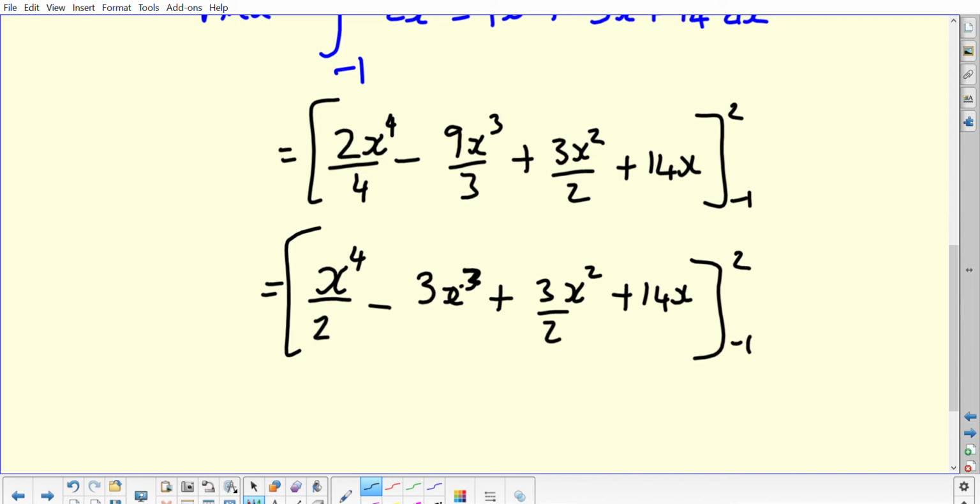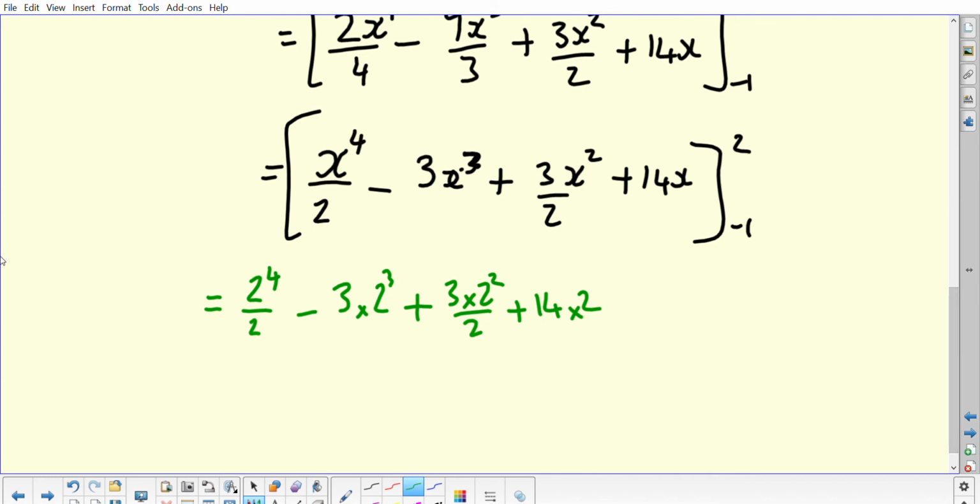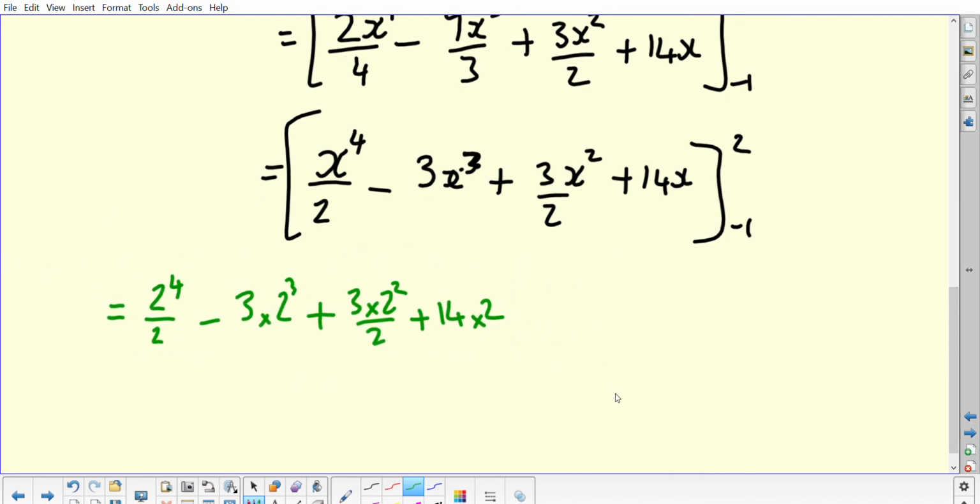Now you're going to sub in your values. Your upper limit, you're going to have 2 to the power 4 over 2, minus 3 times 2 cubed, plus 3 times 2 squared over 2, plus 14 times 2. So that's the upper one subbed in, and then you're going to sub in your lower limit, and when you do that you are subtracting.